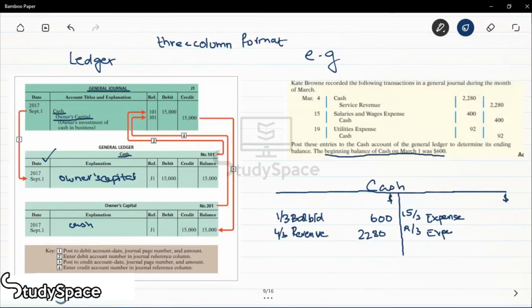I am just writing expenses for ease of clarification, but when you generally enter an account, you have to write the full name of the account, like salaries and wages and utilities expense. So I'm just going to write here in a bracket wages and utilities, right? So the first expense was for 400, the second expense was for 92.